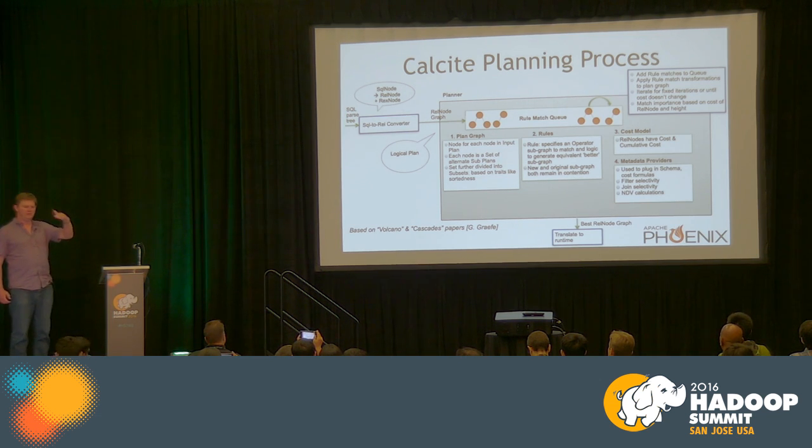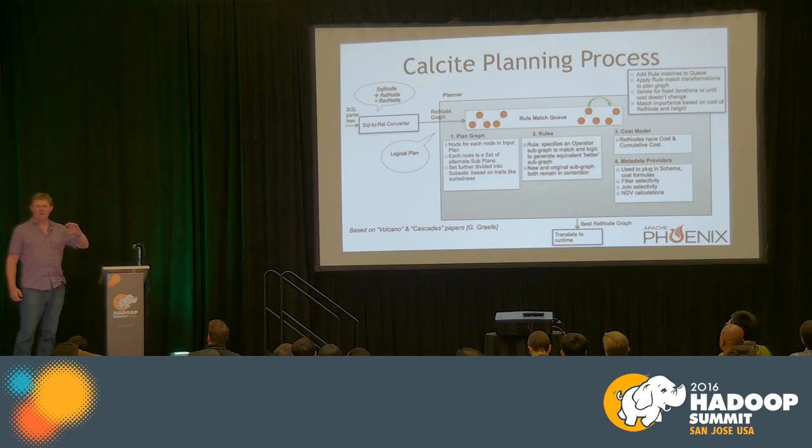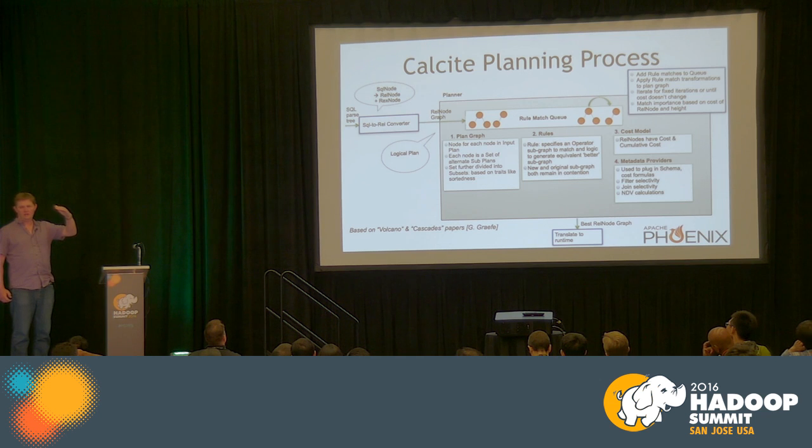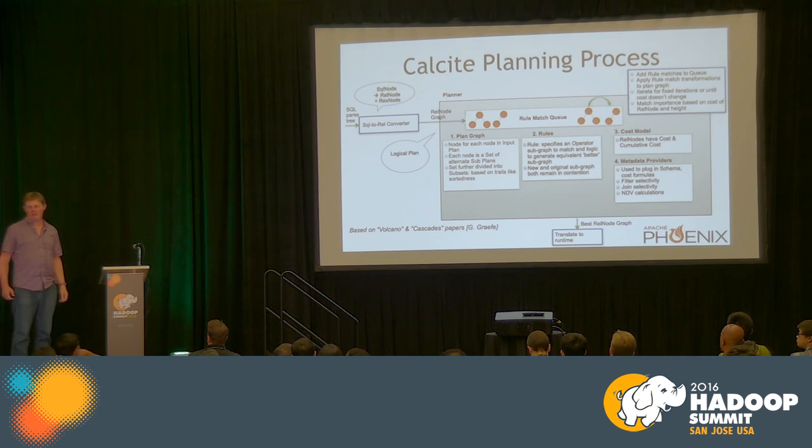For example, if there's a filter on top of a join, then the push filter through join rule could fire. If that filter happens to be underneath another filter, then the merge filter with filter rule could also fire. So it figures out all of the rules that could possibly fire, puts them in a queue, and sorts the queue to figure out which ones are likely to be most useful. And then it goes ahead and starts firing them one by one.